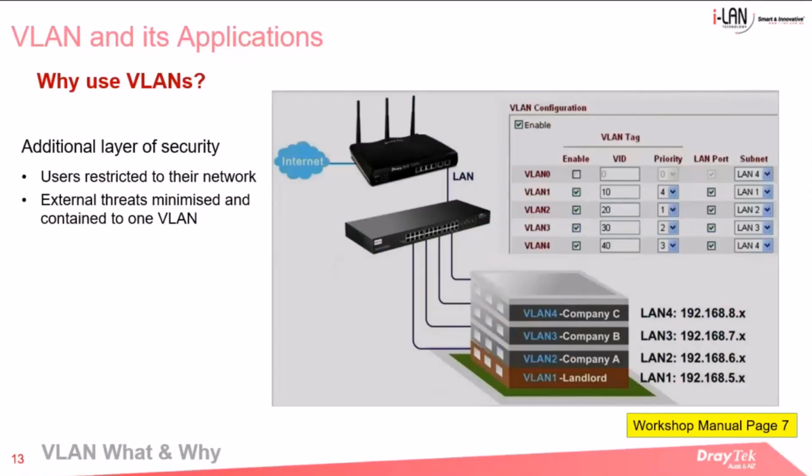Firewall rules can also be used to control the data flow between the networks when routing is enabled. This will increase the network security and minimize external threats. So imagine an attacker from outside your network gains access to one of these VLANs. They will be contained to that specific network by the boundaries and controls you put in place to prevent them getting access to another network.